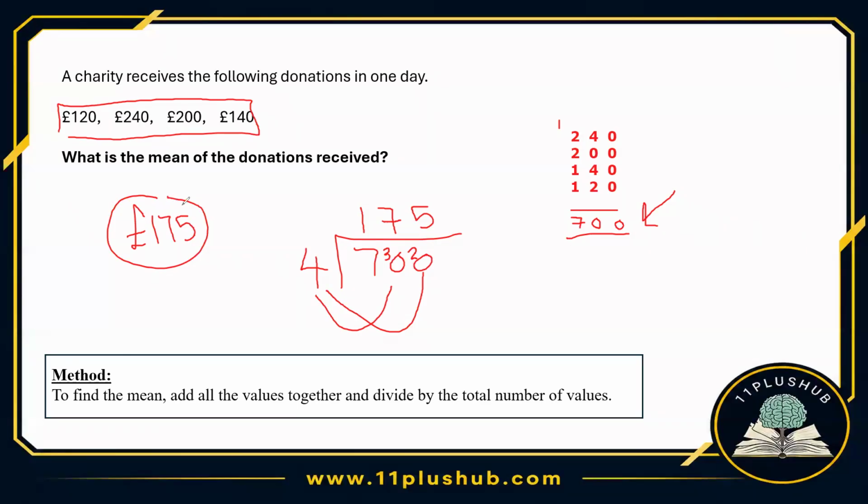So 175 does seem reasonable. If my answer was something like £30, we know that wouldn't be correct, because it's way lower than all of these. How can it possibly represent all 4 of those numbers? So it's a good tip: when you're doing mean, just take a look at your answer. Does it look reasonable? If you've done all the working out and it looks reasonable, it's going to be correct, isn't it? All right, well done, guys.